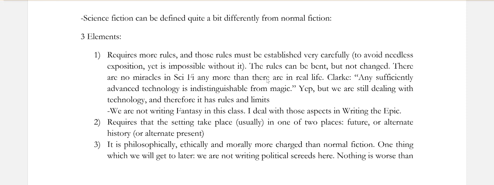Okay, and once we start thinking about the backstories to our world that we're building, it helps us to characterize people in the science fiction or fantasy story that we're doing. So you have to have these rules established. They have to be in there pretty early in the story. And I'll talk in the next lecture about how to do this.